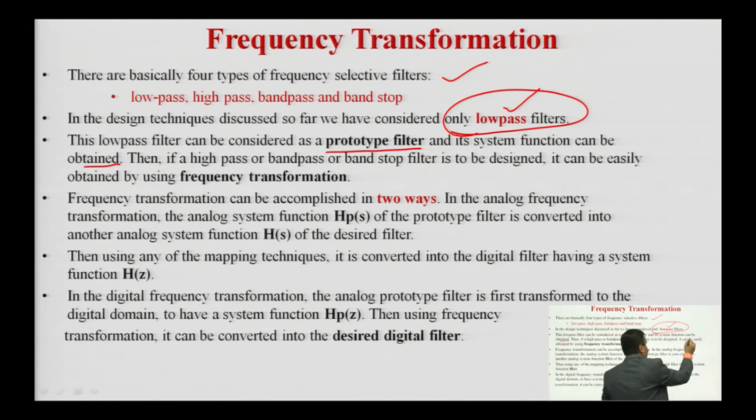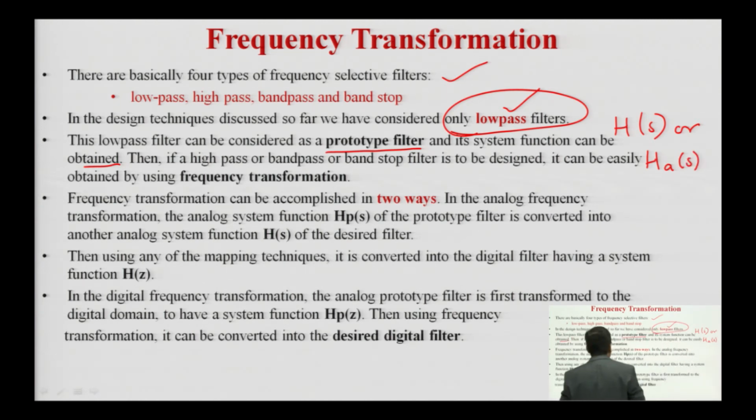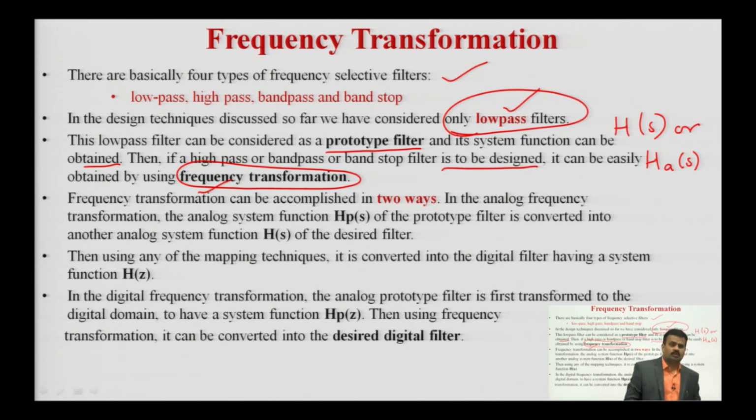Then if a high pass or band pass filter is to be designed, it can be easily obtained by using frequency transformation, because now you only know about the designing of the low pass filter. If you want to design the high pass or band stop, you require some frequency transformation, because you know the initial methods.